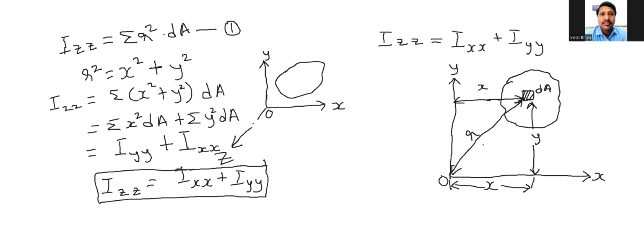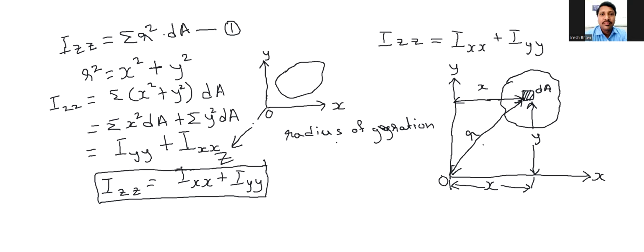This is called the perpendicular axis theorem. There is one more parameter called the radius of gyration.